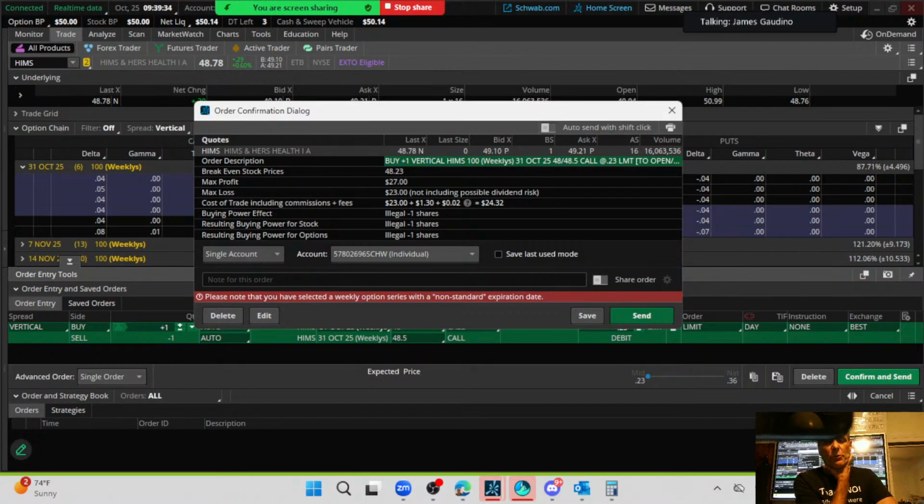Your maximum profit is $27. And how much did you pay? Well, it's actually 24.30 because you get the fees. That's 24.32, right. So just $25 and 68 cents. Well, let's call it 26 bucks.